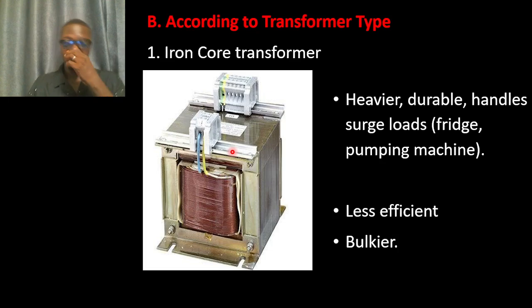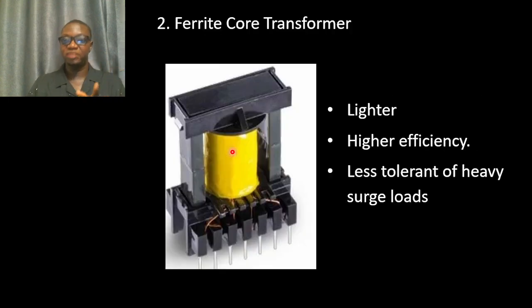And the other type of transformer inverter that we have is the ferrite core transformer inverter, the one people call transformerless. This is the kind of transformer you find inside. It is made of ferrite. So the core is made of ferrite, and this transformer is very, very light.